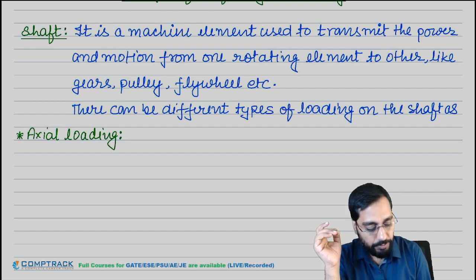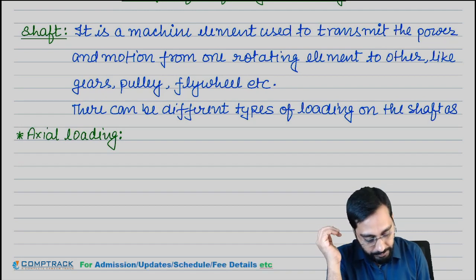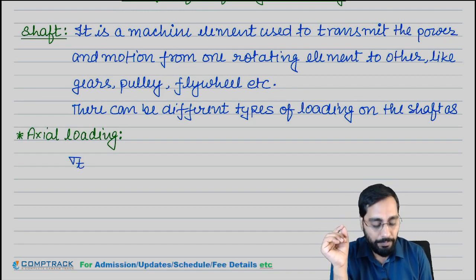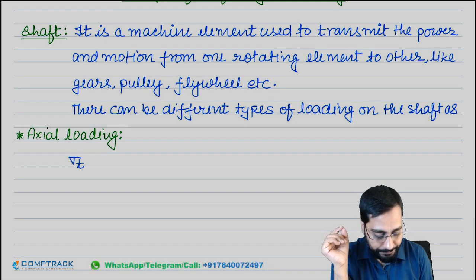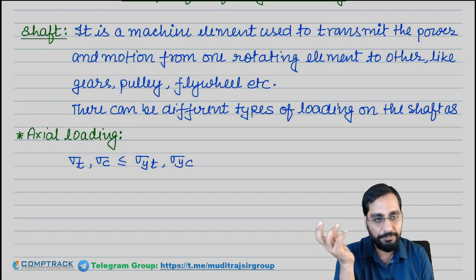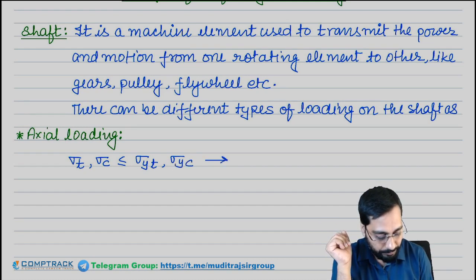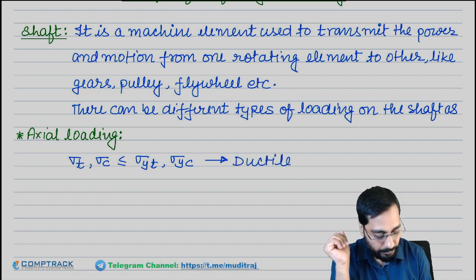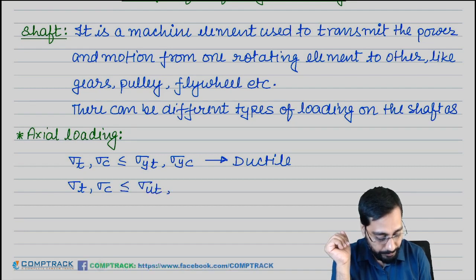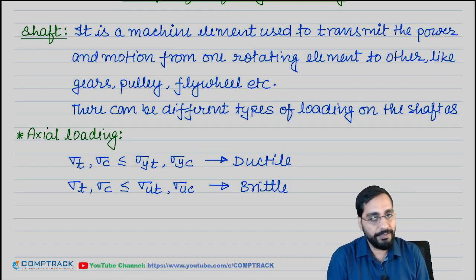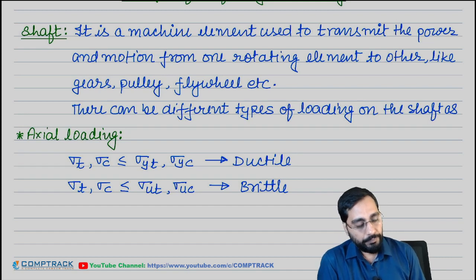When the shaft is under axial loading, sigma t and sigma c must be less than or equal to sigma yt or sigma yc respectively in case of ductile material, and sigma t and sigma c must be less than or equal to sigma ut and sigma uc in case of brittle material. Okay, simple.